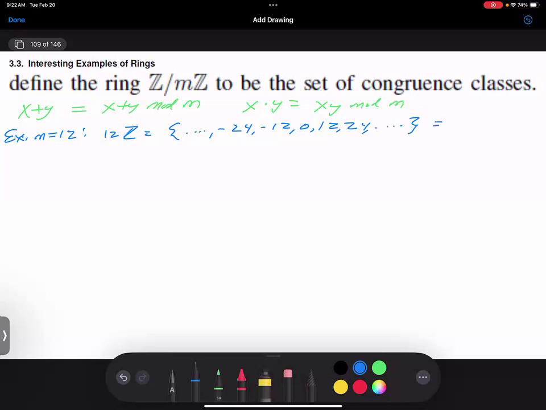You could write this if you want as 0 plus 12Z. And by cosets, what would the next one be? So you could view this as all the numbers whose remainder is 0 when we divide by 12. What would be the next one?